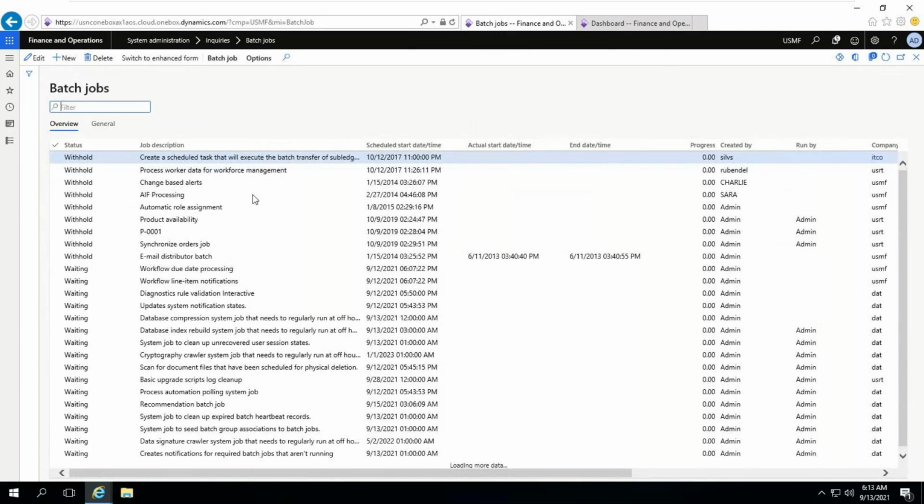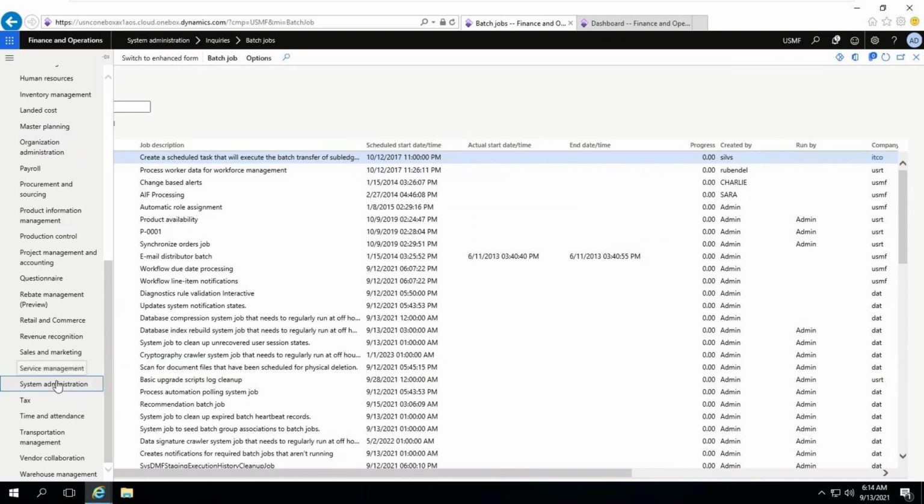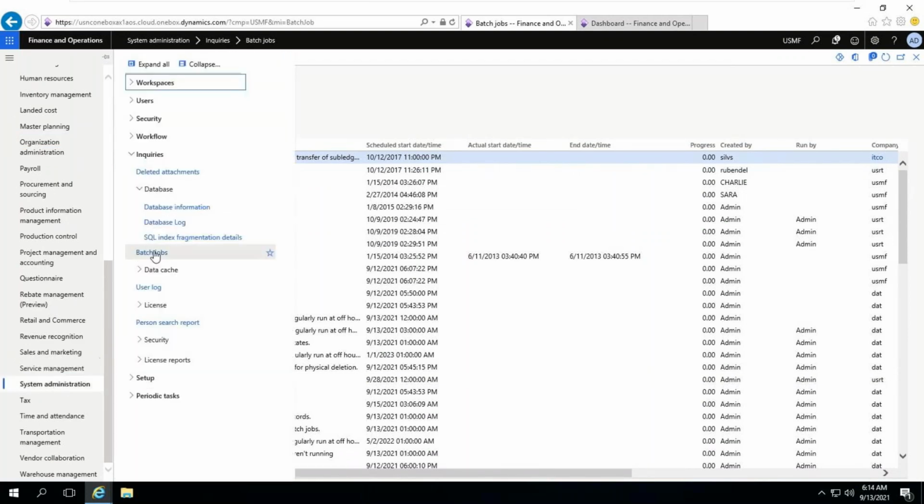First, whenever you open from system administration, batch jobs, if you click like this, the form will be loaded like this.